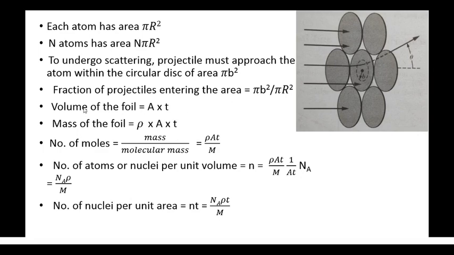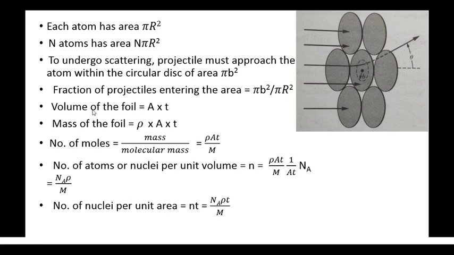So what is the fraction of projectiles entering the area? We can find out by dividing pi b square by pi r square, isn't it? Now we can calculate the volume of the foil. If it has area capital A and thickness T, we can find the volume by multiplying area into thickness.